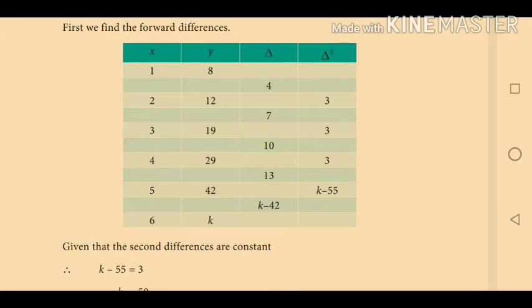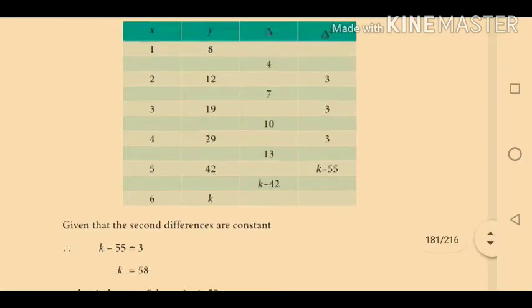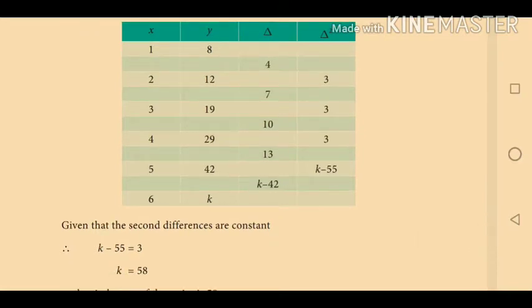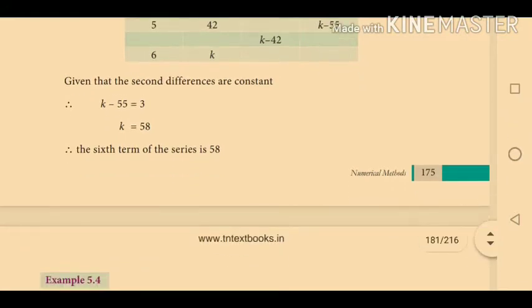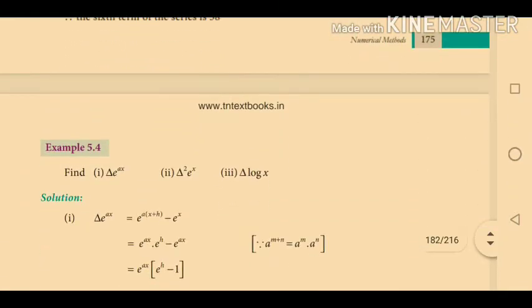Then k minus 42 minus 13 is also 3, because it is said that it is constant. So k minus 42 minus 13 means k minus 55 equal to 3. Therefore k equal to 58. That is, the sixth term is 58. That is the answer for this question.